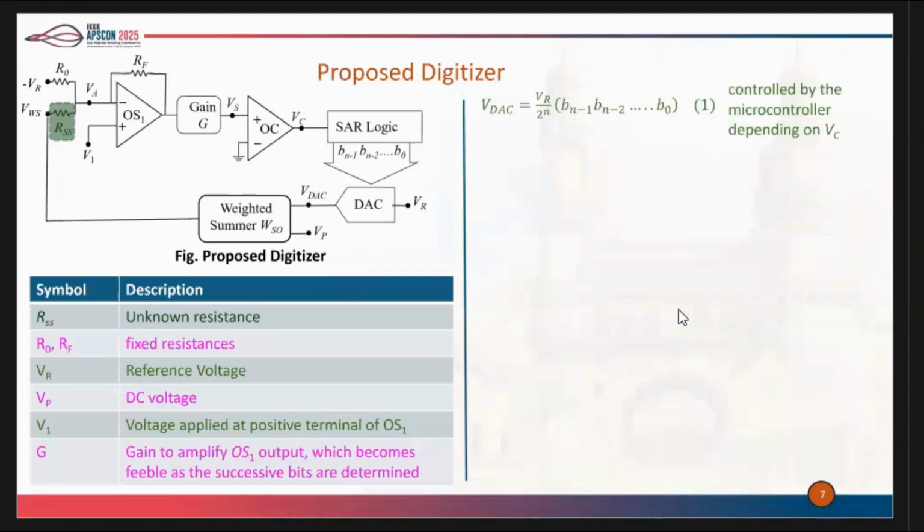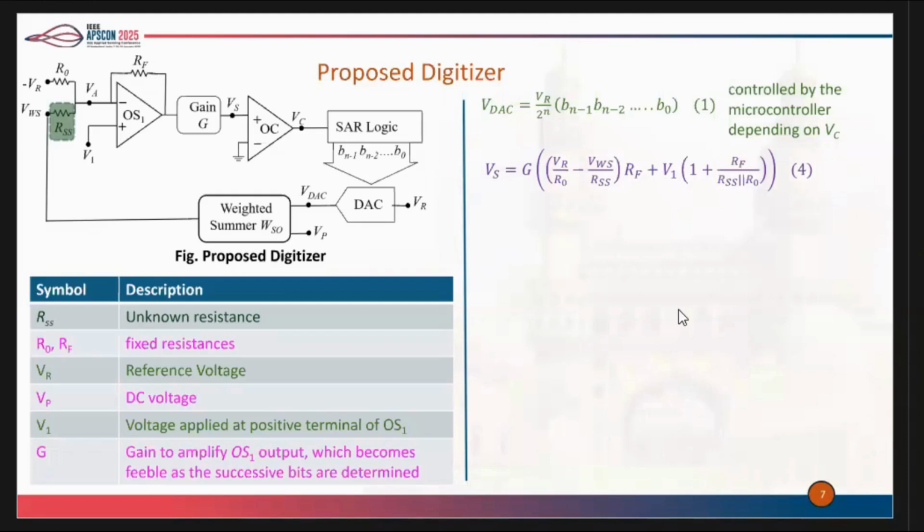So, how this works is there's a DAC which is controlled by a microcontroller which implements the SAR logic. The DAC voltage is given by VR over 2 power n times Bn minus 1, Bn minus 2 up to B0, where Bn minus 1 is the most significant bit and B0 is the least significant bit. So what happens is we give a DAC voltage.